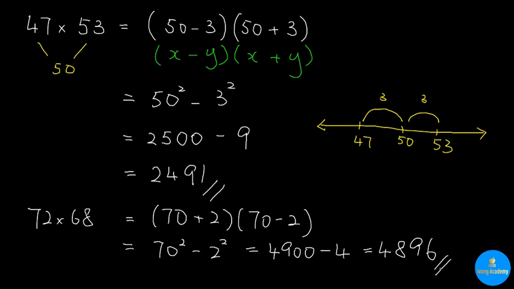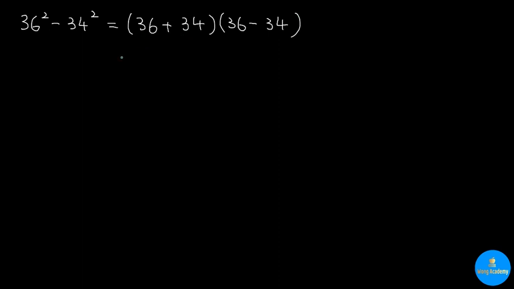We can also use the difference of two squares formula the other way round. For example, if we want to calculate 36 squared minus 34 squared, instead of squaring each number and then taking the difference, we can use the difference of two squares identity to rewrite it as 36 plus 34 times 36 minus 34. 36 plus 34 is 70, while 36 minus 34 is 2.